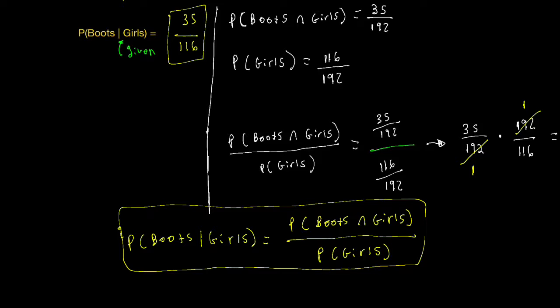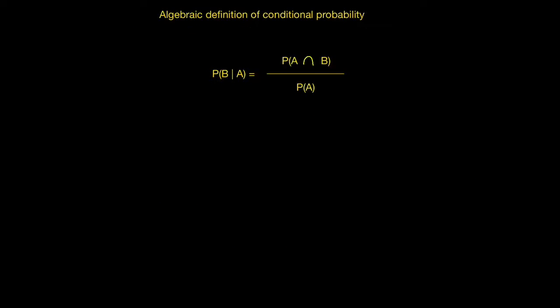So let's generalize this. Let's put this in our notes. Hopefully you're writing this down in your notes as well. Here's the good stuff. Here's the algebraic definition of conditional probability.